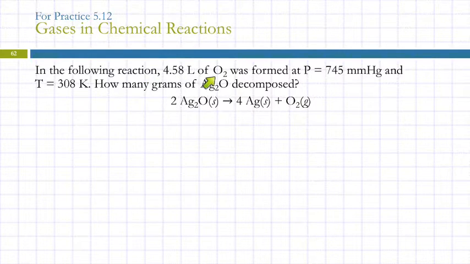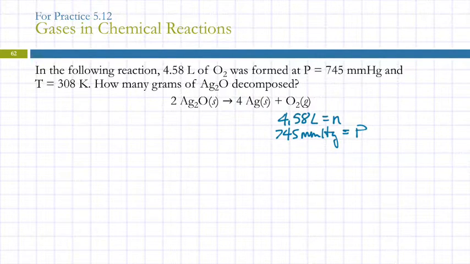So 4.58 liters of oxygen. I'm going to write that over here under oxygen. 4.58 liters. And they're giving me a pressure, so that's P. They're giving me 745 millimeters of mercury.